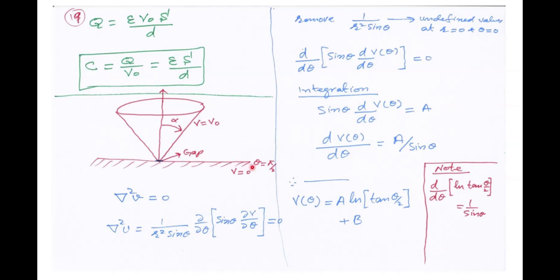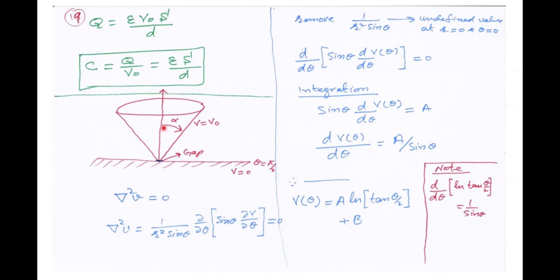In the figure, it is mentioned that at theta equal to pi by 2, the potential on this conducting sheet is 0, and at theta equal to alpha, the potential is maximum on the conical surface. But remember, this alpha is less than pi by 2.